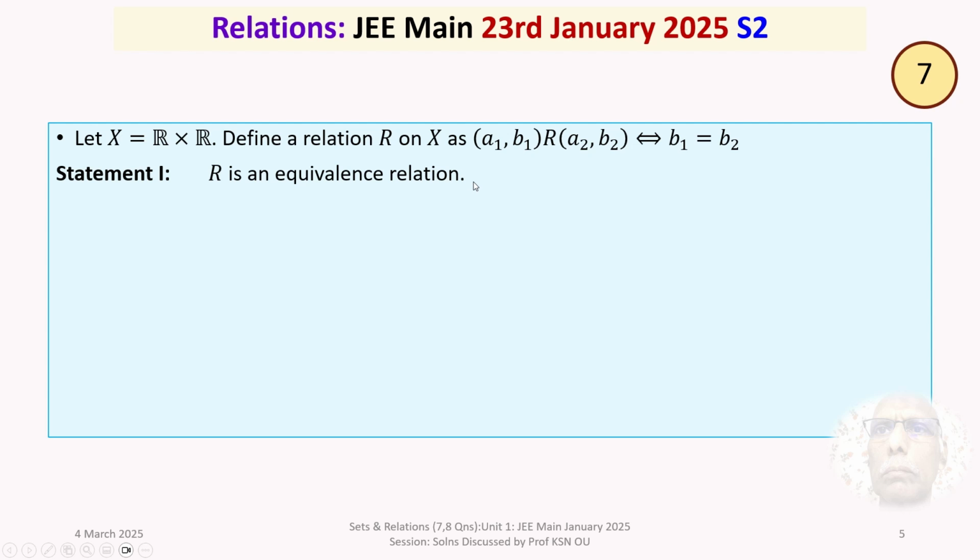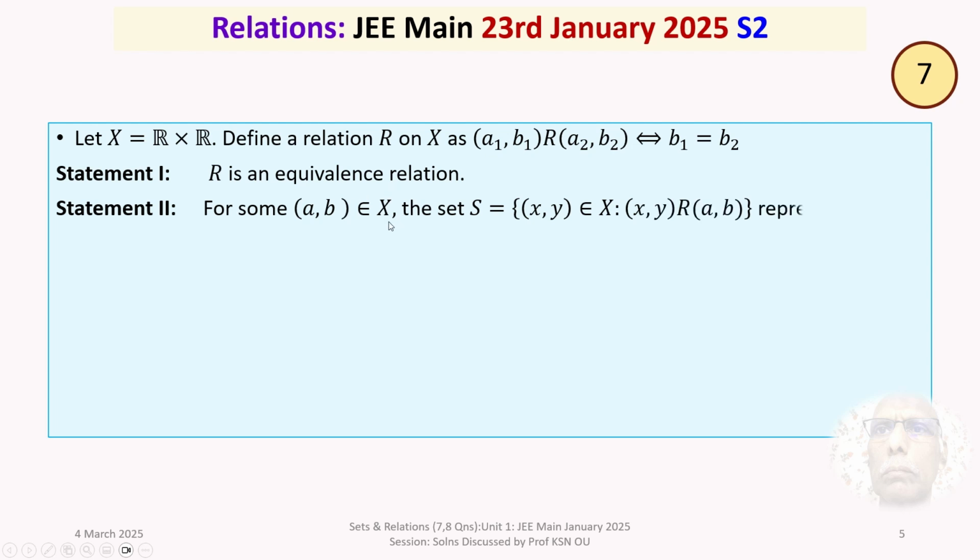Statement 1, R is an equivalence relation. Statement 2, for some A, B belongs to X, the set S is equal to the set of all ordered pairs X, Y from capital X such that X, Y related to A, B represents a line parallel to Y is equal to X.